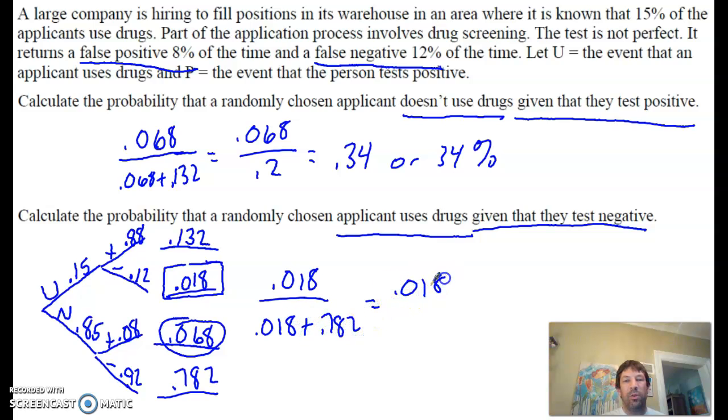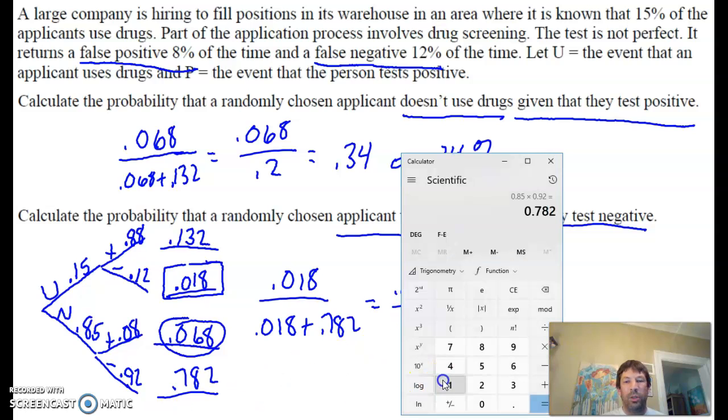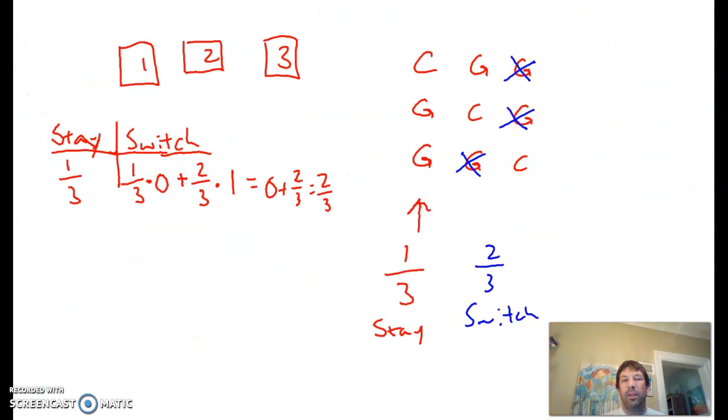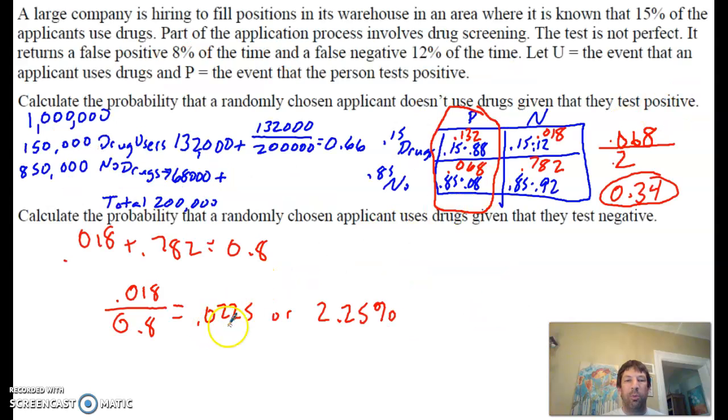So that's 0.018 divided by 0.8, which comes out to be 0.0225, or 2.25%. And let's just go back, take a look at what we got the last time. Sure enough, 0.0225 or 2.25%.